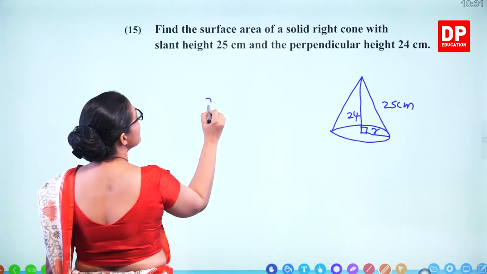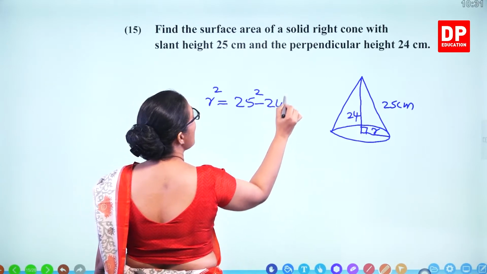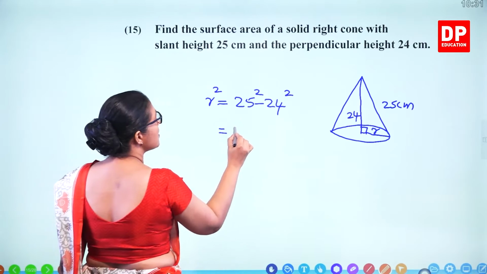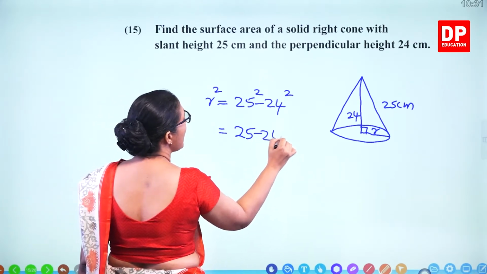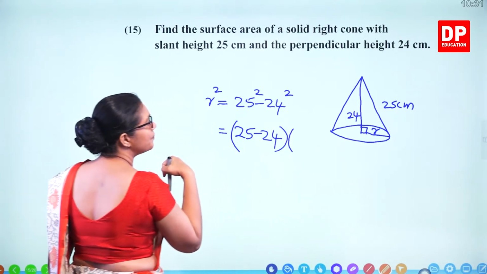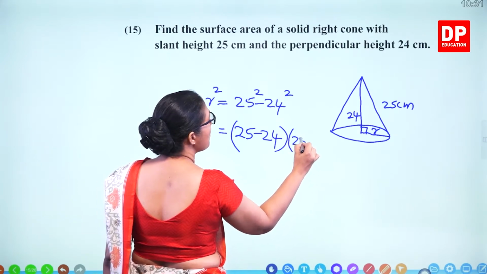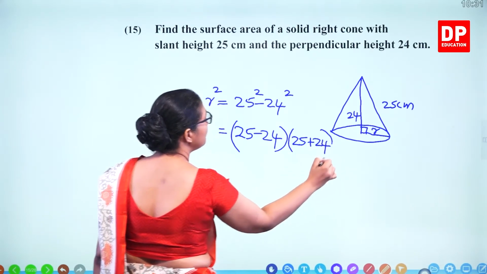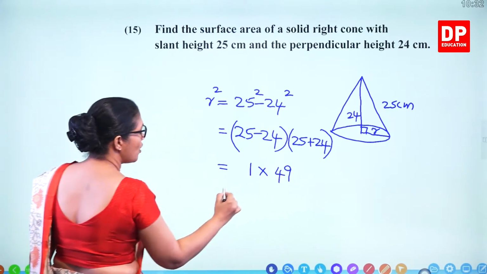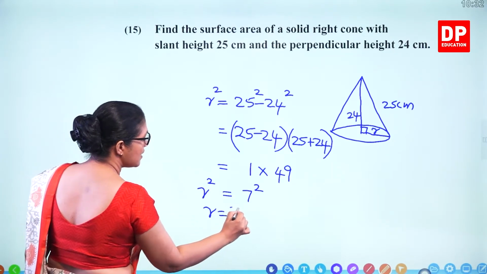You can use Pythagoras theorem. r squared is 25 squared minus 24 squared. Here you can use difference between two square terms. It's easy to apply. Or can you remember these are Pythagorean triplets? What should be the r value? 7. So 25 plus 24, you get 1 times 49. 49 means 7 squared. r equals 7.